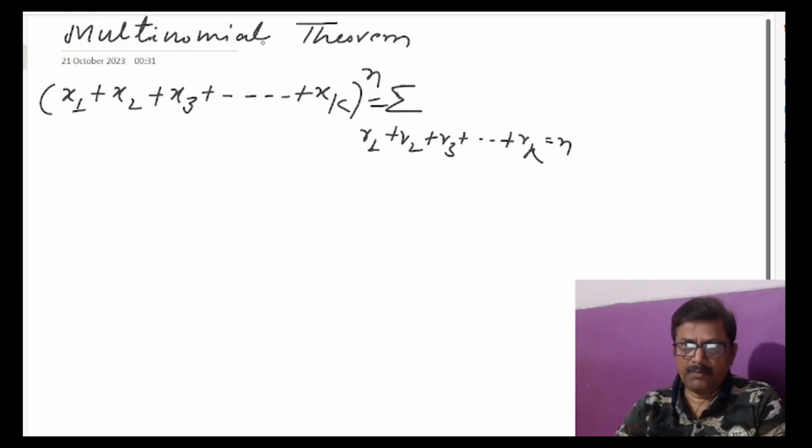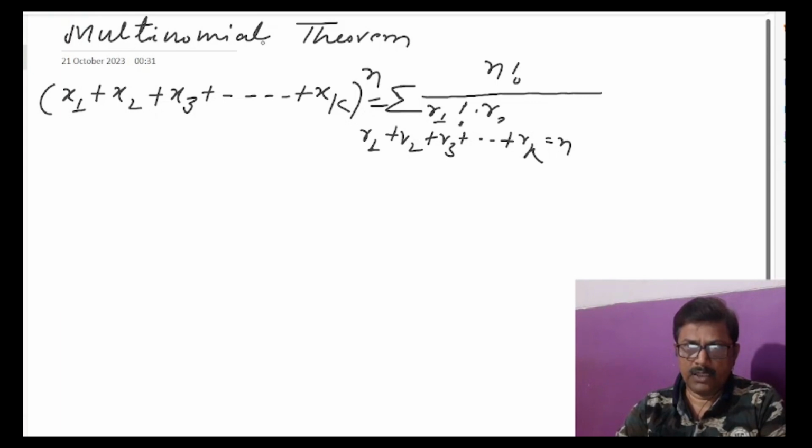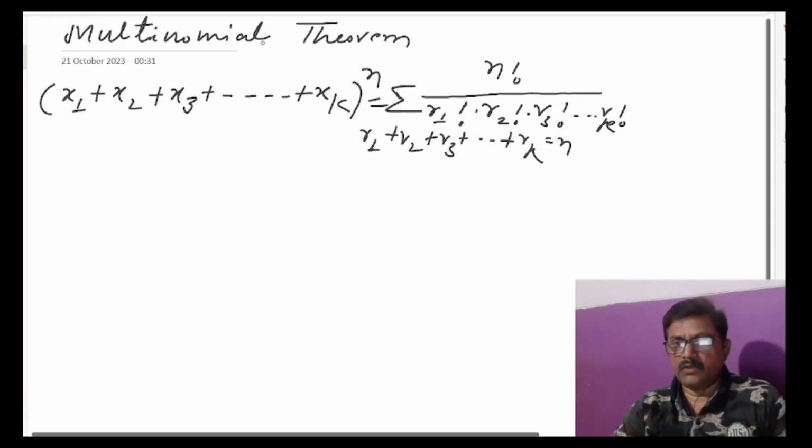Sigma r1 plus r2 plus r3 plus dot dot dot plus rk equal to n, n factorial upon r1 factorial into r2 factorial into r3 factorial dot dot dot into rk factorial.